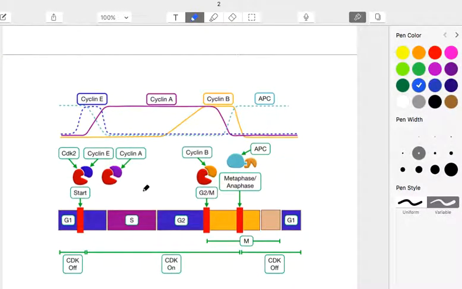If you see here, cyclin concentration is varying, and as I told you, CDK is always constant. The cyclin in G1 cannot work for S phase. What I mean by that is cyclins get degraded at each stage and new cyclins are produced.